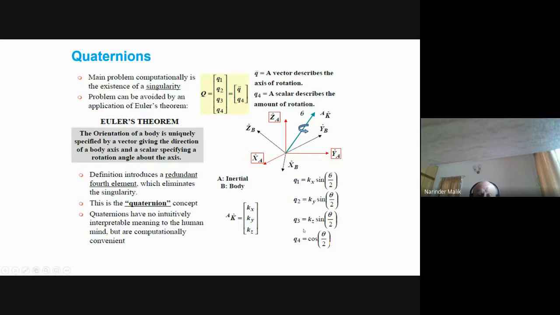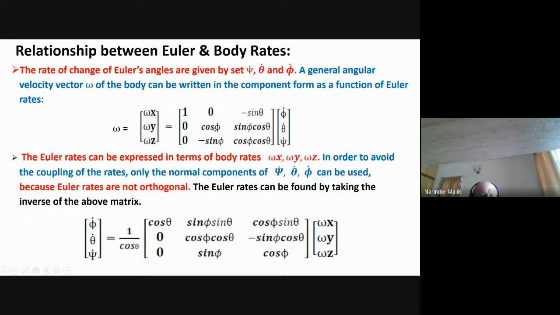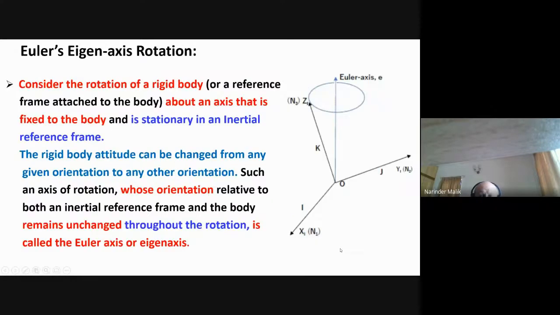This represents a scalar quantity and this represents a vector quantity. Using this information, the spacecraft attitude orientation can be uniquely defined. It doesn't come into any singularity. If you see in the previous picture, if theta is 90 degrees, cosine theta becomes 0, this becomes infinite, so it is not properly defined. You get into a singularity condition. That condition will not come in this kind of approach.